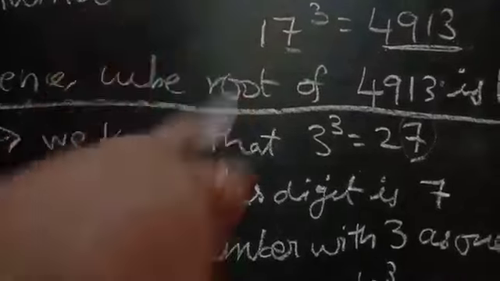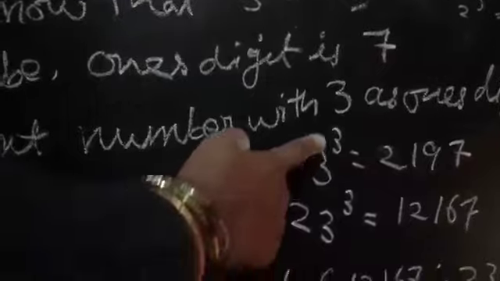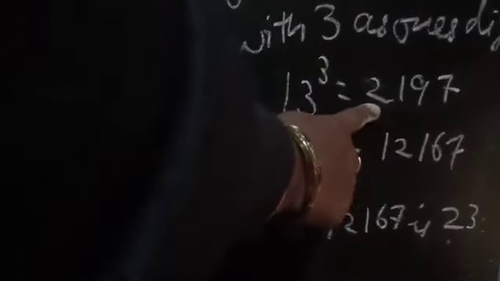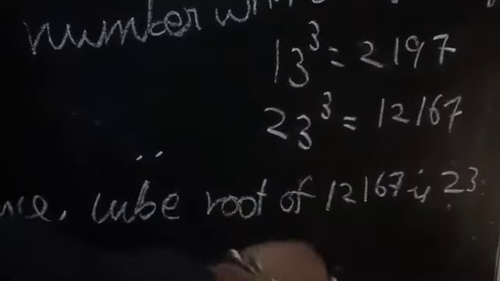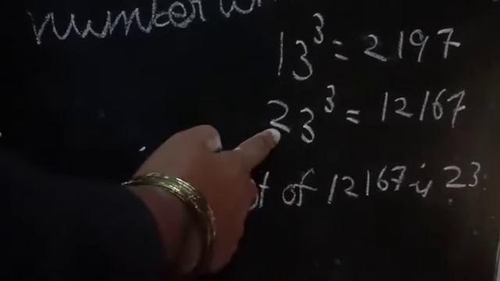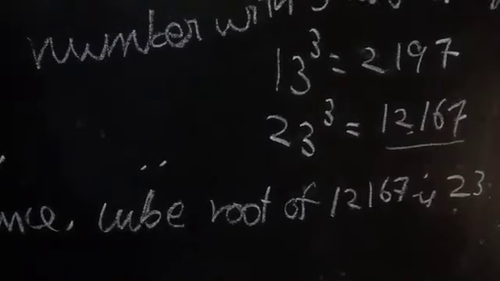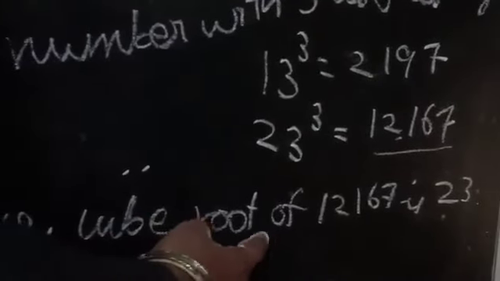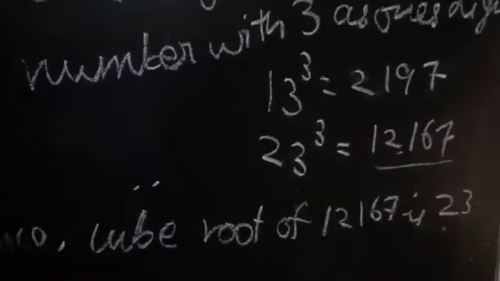Next, 3 when it comes, 13 cube. 13 cube is 2197. This is also not our question. Again 23 cube, again 33 cube, like that we should multiply and check. So 23 cube means 23 into 23 into 23. 3 times when we multiply we will get 12,167. So cube root of 12,167 is 23. We got the answer here.